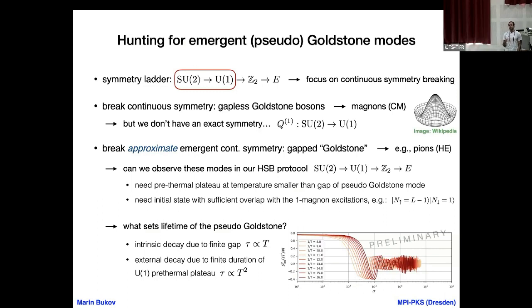What we believe now, but this is still to be confirmed, is that there's going to be an intrinsic decay of the Goldstone mode due to the finite gap, and the finite gap is brought in by the symmetry breaking term, so it's going to scale linearly with the period of the drive. But then, of course, the U1 plateau itself is not infinitely long-lived. In our case, the U1 plateau will itself decay to a Z2 plateau after another time scale, and so there might even be a competition of time scales in this setup.